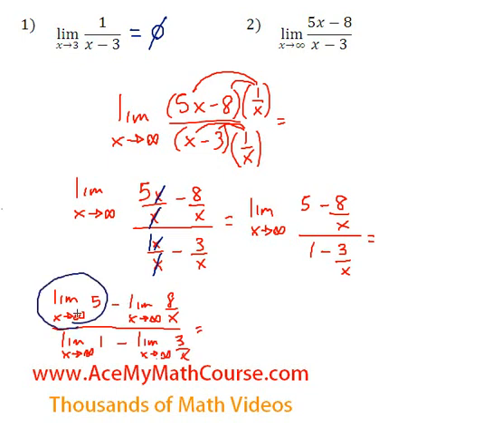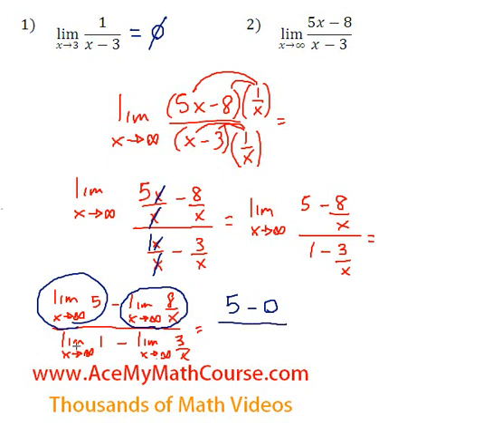What is the limit as x approaches infinity of 5? That's just 5. Now, the limit as x approaches infinity of 8 over x is just 0. Every time that we have a limit as x approaches infinity or negative infinity of a constant over x, or x squared, or x cubed, we're just going to have 0.